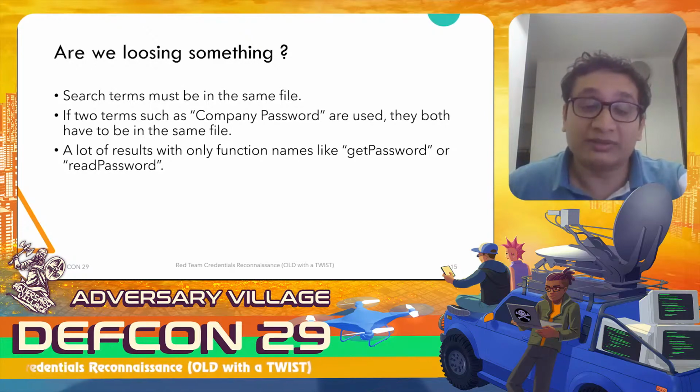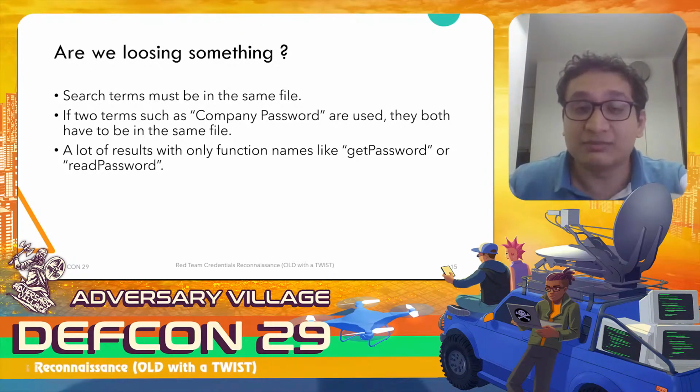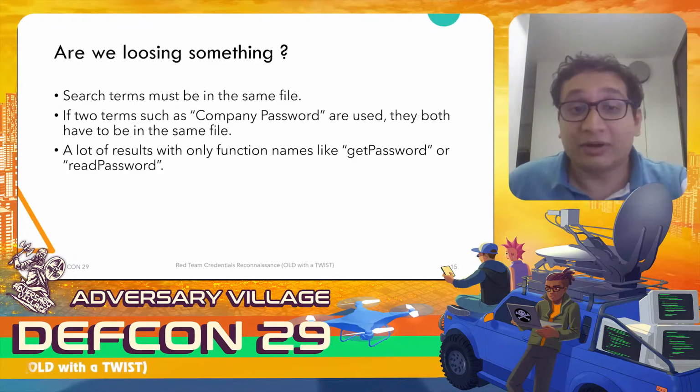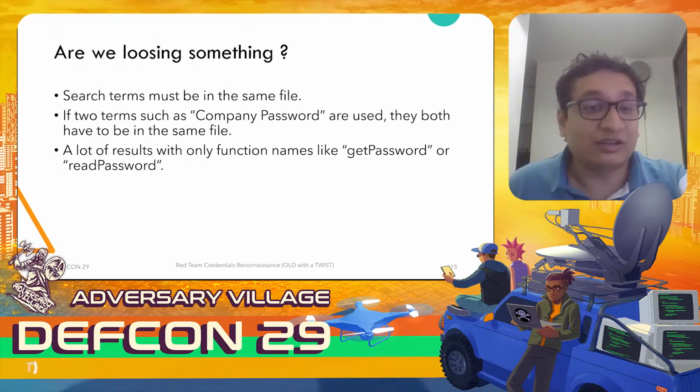So one file will have both keywords, company name and password. There were also results which had just the word password but contained no passwords, so just keep that in mind.